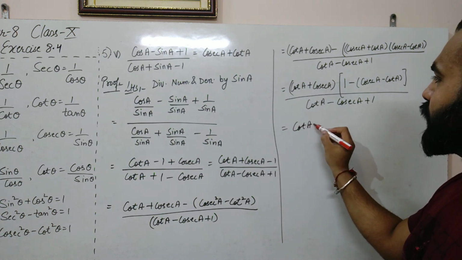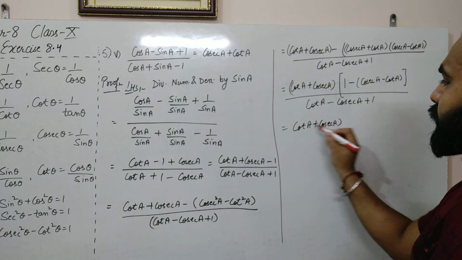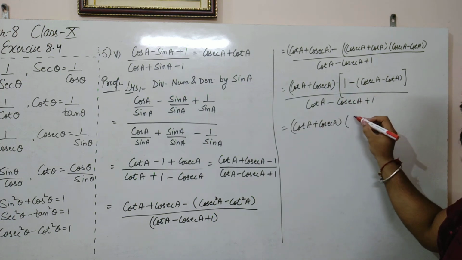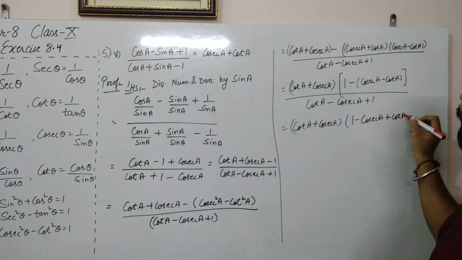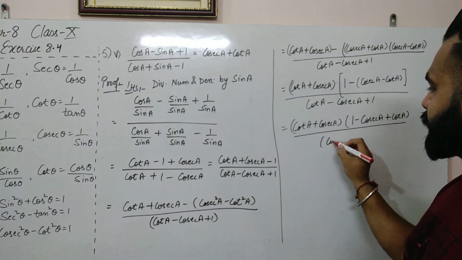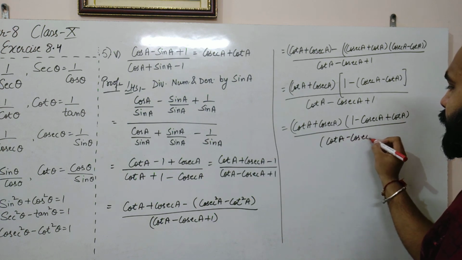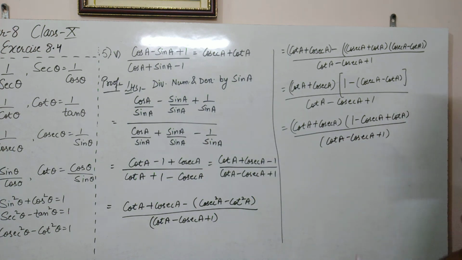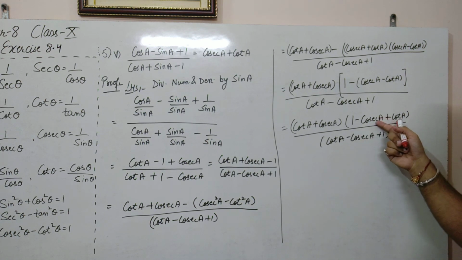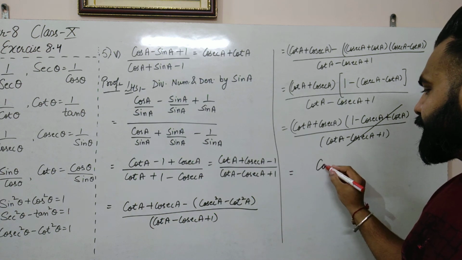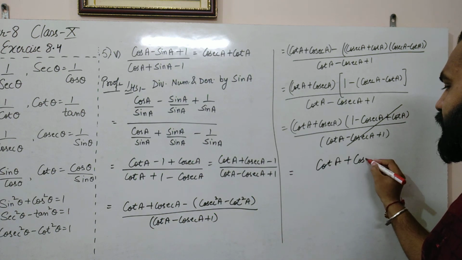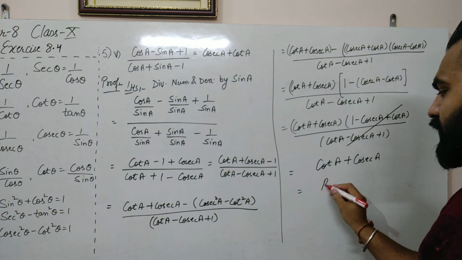This is equal to cot A plus cosec A. Let's change the sign here. 1 minus cosec A plus cot A. Now we can see that these two factors are same. Cot A with plus sign, cot A with plus sign, minus cosec A minus cosec A plus 1 plus 1. So this whole factor will cancel out. So the answer will be cot A plus cosec A, which is equal to RHS.